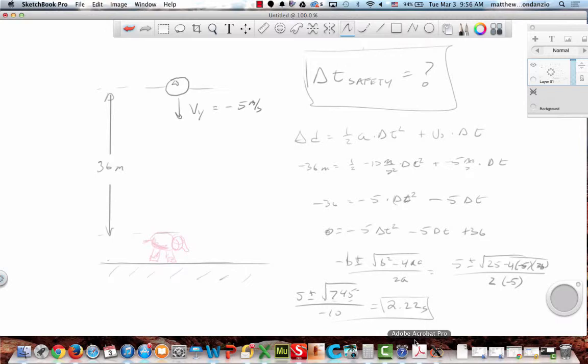Wait, Mr. Ed, what's the quadratic plus the right? This one? The quadratic, here? Yeah. It's 25, which is 5 squared, but negative 5 squared, 25, minus 4 times negative 5, so that times 36, right? So that's going to be 25 plus whatever that multiplier is. Solving for time is not trivial in this scenario.